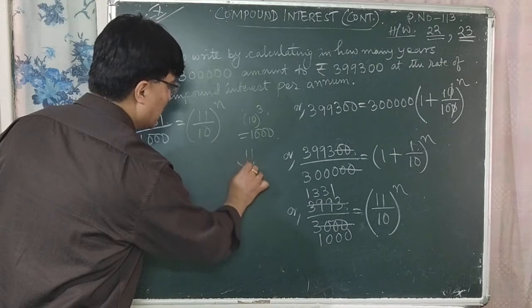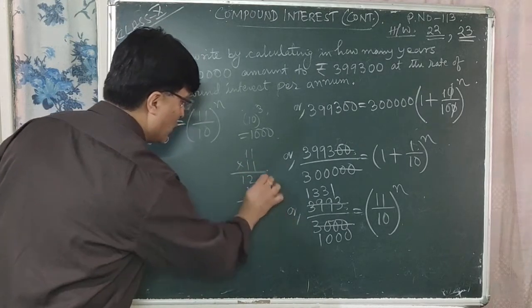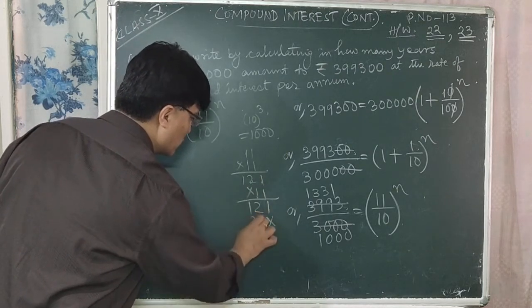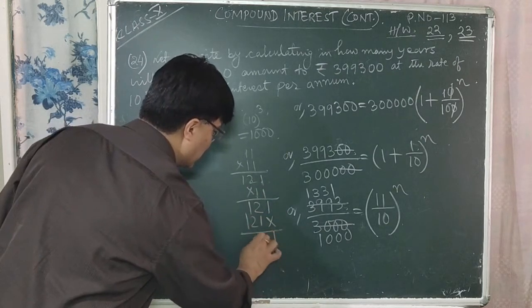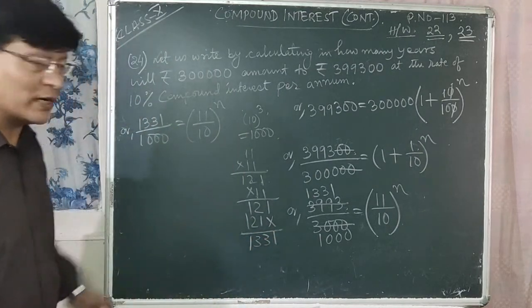So you know that 11 11s are what? 121. Again multiplied by 11. 1 ones are 1, 1 twos are 2, 1 ones are 1. Cross. 1 ones are 1, 1 twos are 2, 1 ones are 1. So 1,331. That means 11 whole cube is 1,331.